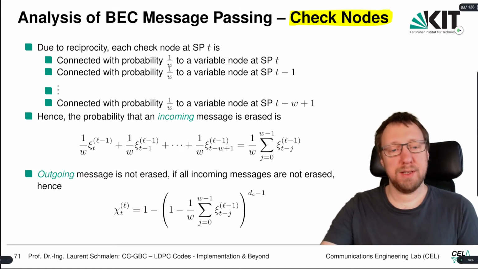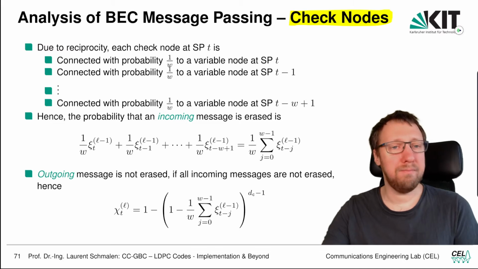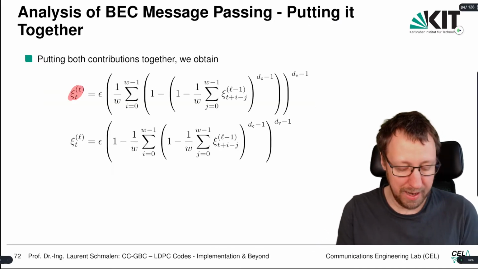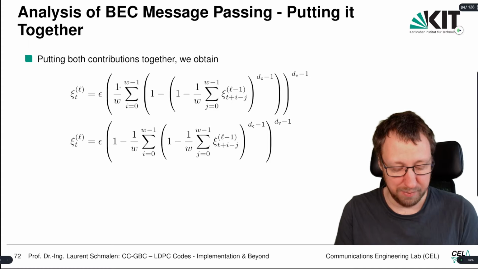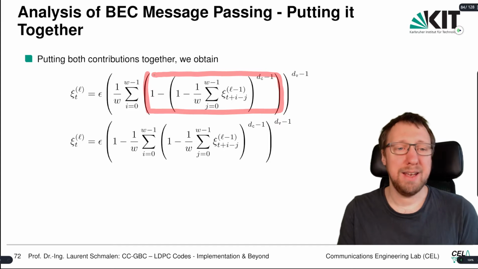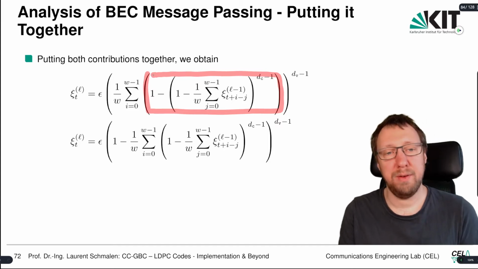All right, so now we can put everything together, just as we did before, and we can say that c_t^(ε) is ε times the summation, and this is equal to χ_t L to the power dv minus 1.